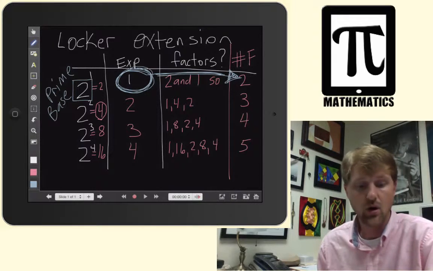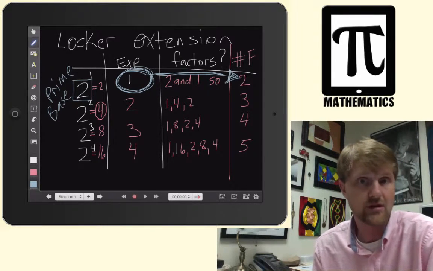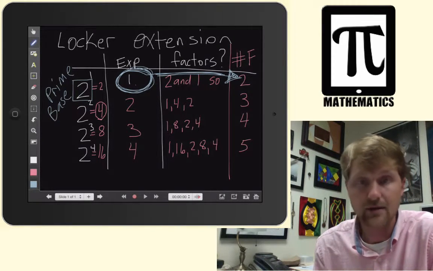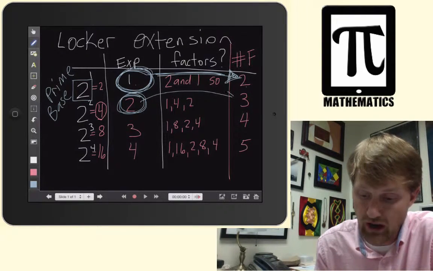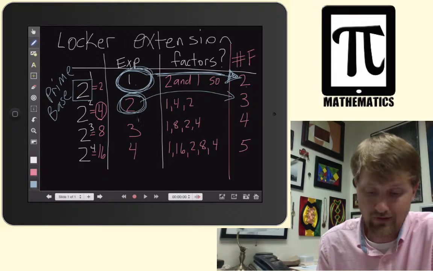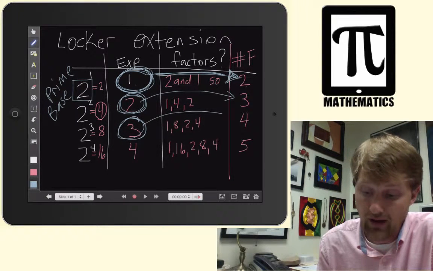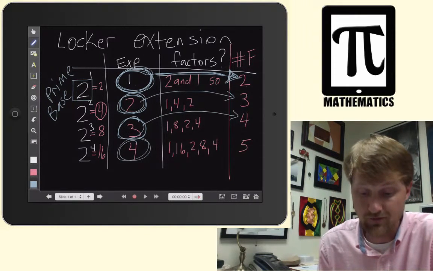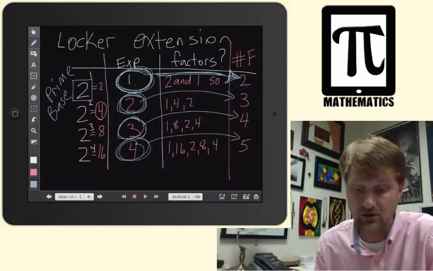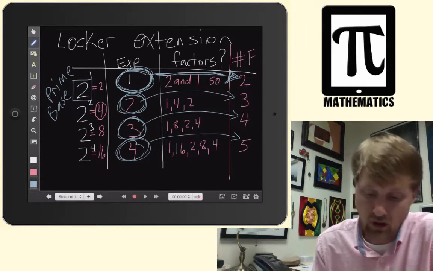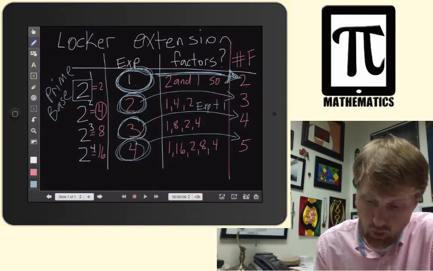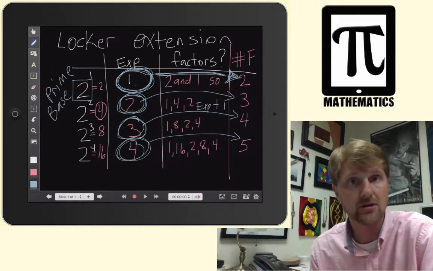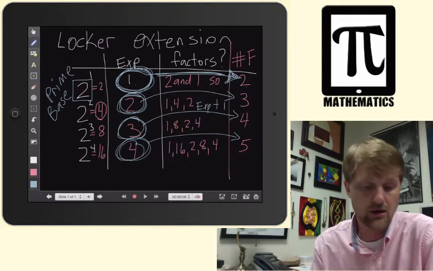Of that prime base of 2, with an exponent of 1 we got 2 factors. With an exponent of 2, we got 3 factors. With an exponent of 3, we have 4 factors. An exponent of 4, we get 5 factors. So a rule would be the exponent plus 1 gives us the number of factors. So we have a pattern here with a base of 2.